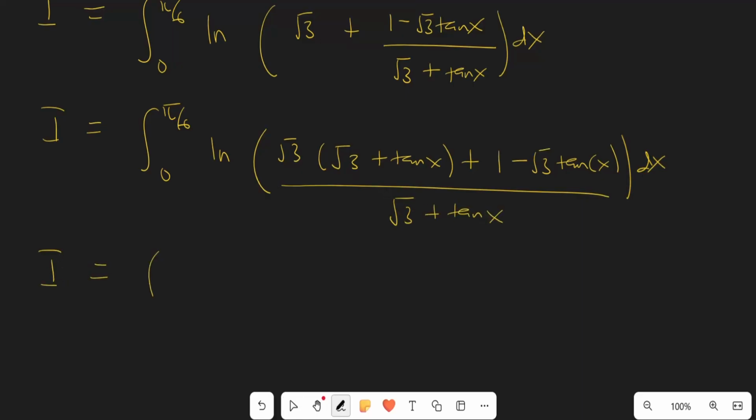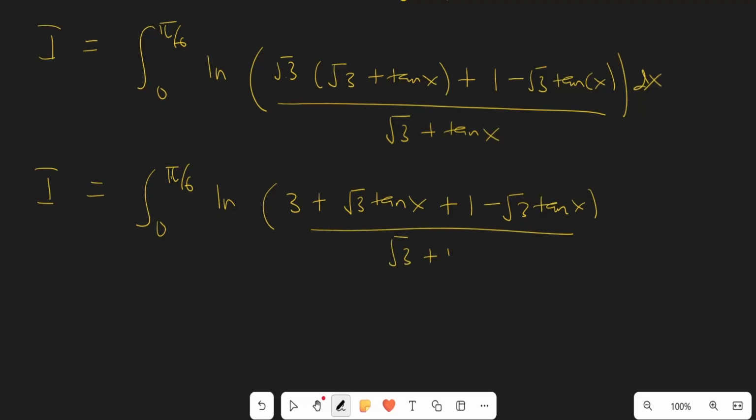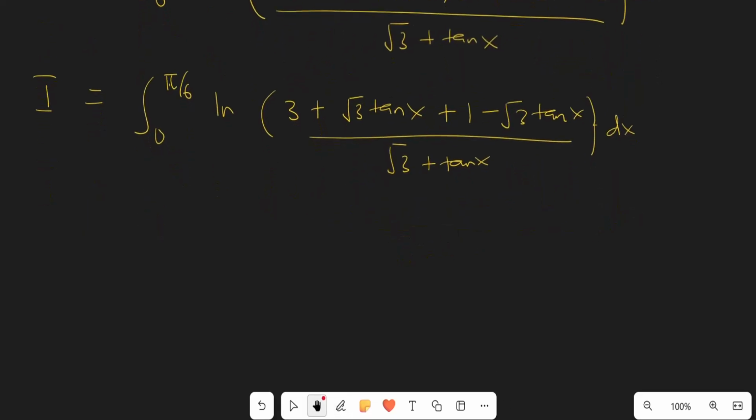So I is going to be the integral from 0 to pi over 6 natural logarithm of this times that, which is 3 plus the square root of 3 tan of x plus 1 minus the square root of 3 tan of x all over square root of 3 plus tan of x, all this dx.